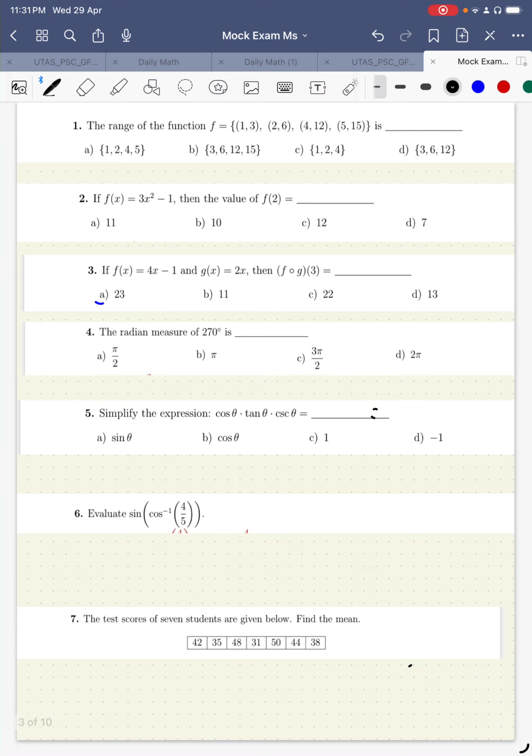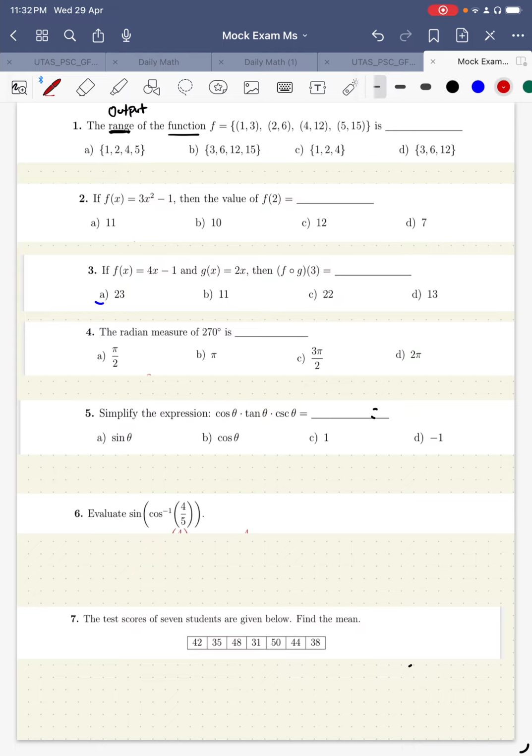The first question: the range of a function. They want me to find the range of a function f, where f is an ordered pair set: (1, 3), (2, 6), (4, 12), and (5, 15). Remember that a function is a system of input and output. When we talk about range, we usually talk about the output, the value of y.